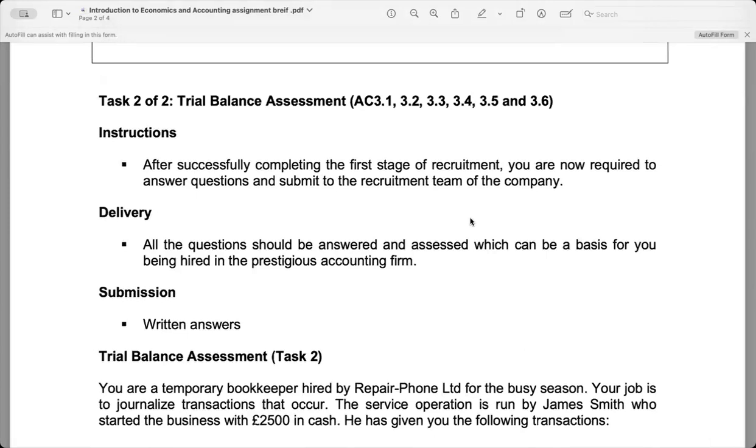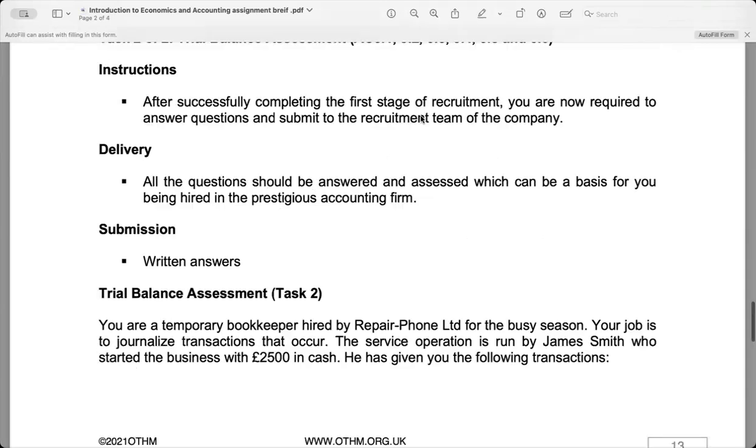Okay, so next is task 2 about trial balance, sections 3.1, 3.2, 3.3, 3.4, 3.5, and 3.6. After successfully completing the first stage of recruitment, you are now required to answer questions and submit to the recruitment team of the company.